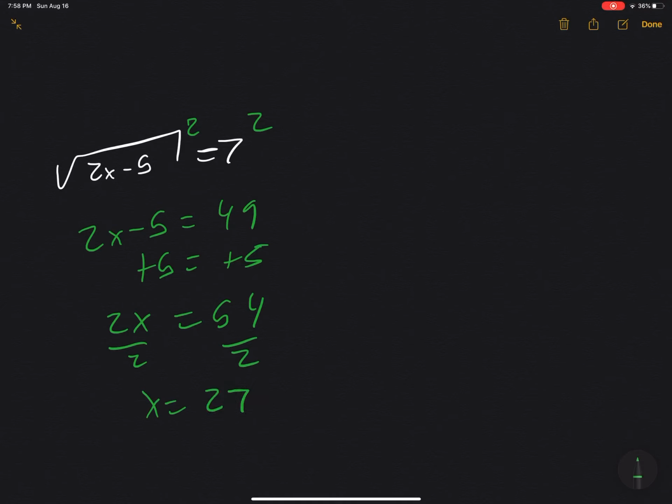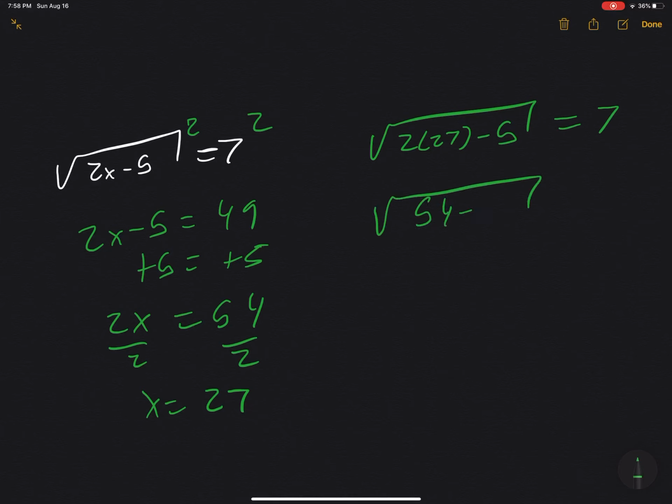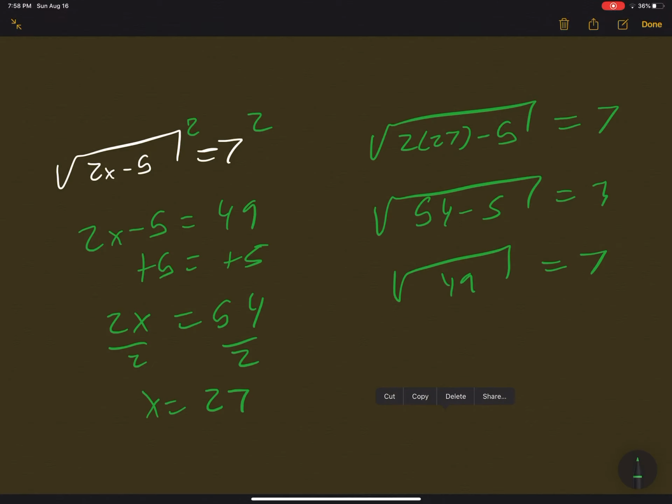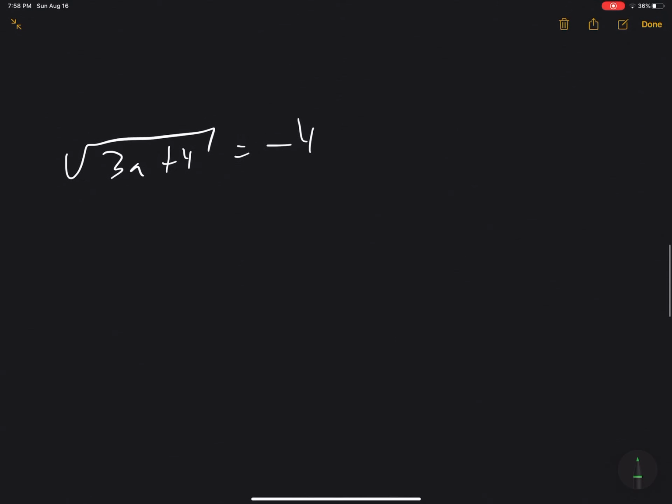Now, if we check our answer again, we get the square root of 2 times 27 minus 5 equals 7, or the square root of 54 minus 5 equals 7, or the square root of 49 equals 7, which is true and makes sense.